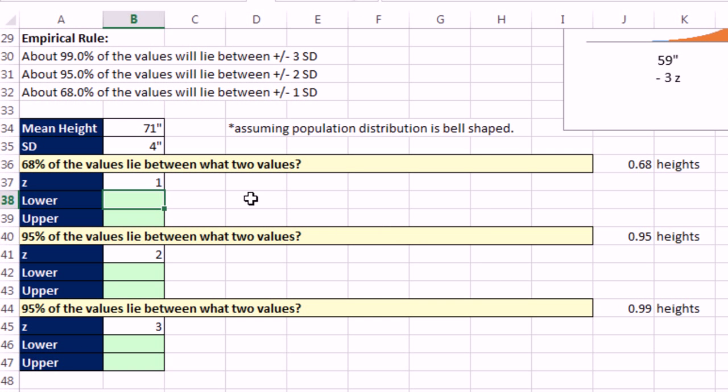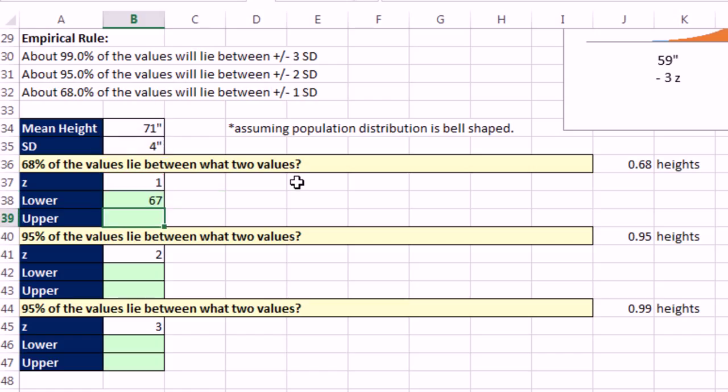Remember, we're just trying to get a handle on z's: 1z, 2z, 3z, number of standard deviations. So here's our rule. We're not going to calculate percentages, but we can definitely calculate the lower and upper numbers. For our first example, 68% of the values: 71 inches minus 1 standard deviation times the amount of the standard deviation.